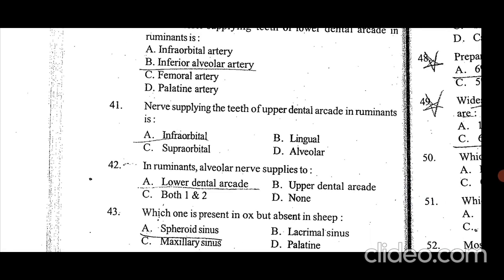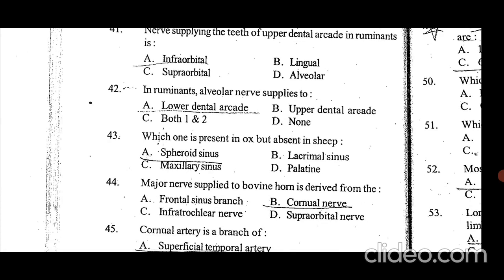There are two questions related to nerves: the infraorbital nerve supplies the upper dental arcade, and the lower dental arcade is supplied by the alveolar nerve. There are two nerves that innervate the dental arcades. If it is the upper dental arcade, then it should be the infraorbital nerve. If it is the lower dental arcade, then it should be the alveolar nerve.